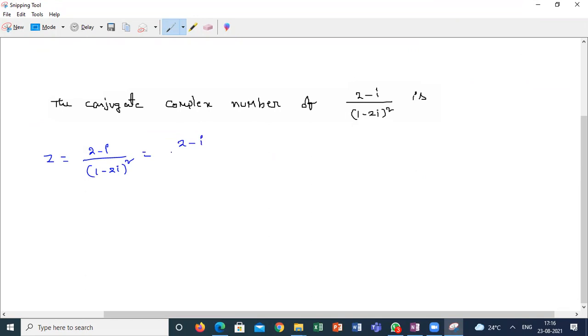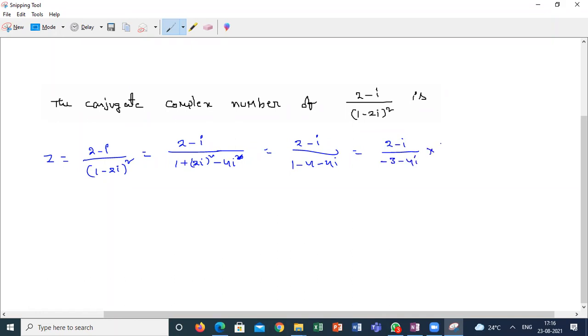Expanding the denominator, 1 minus 2i whole square is 1 minus 4i plus 4i square, that is 1 minus 4 minus 4i. So finally I'm getting 2 minus i by minus 3 minus 4i.